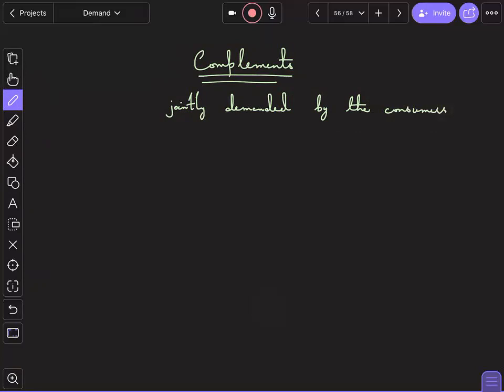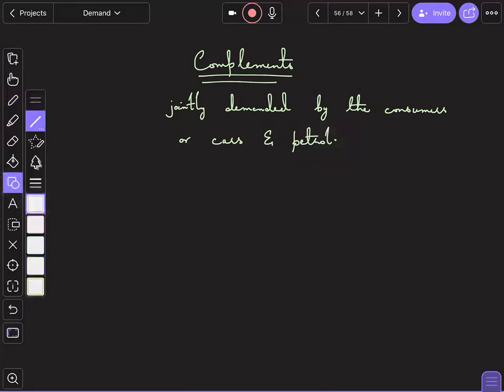So they are jointly demanded, jointly consumed, such as tennis balls and tennis rackets, cinema movies and popcorn, shoes and socks, or cars and petrol.